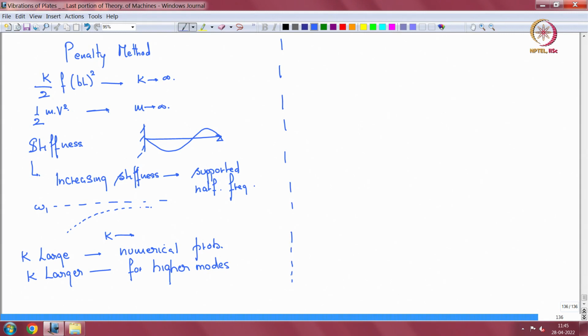Now one thing is that as you are raising the stiffness value, you do not know where the convergence is, how far the natural frequency is, and how high the k stiffness has to be is unknown.